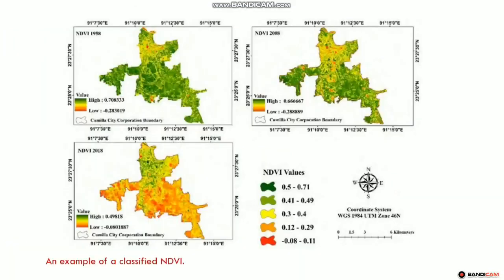Now this is an example of a classified NDVI of a city called Kumila City. You can see the range from 0.5 to 0.71 is defining the green areas, and then it runs down to other land covers like that.